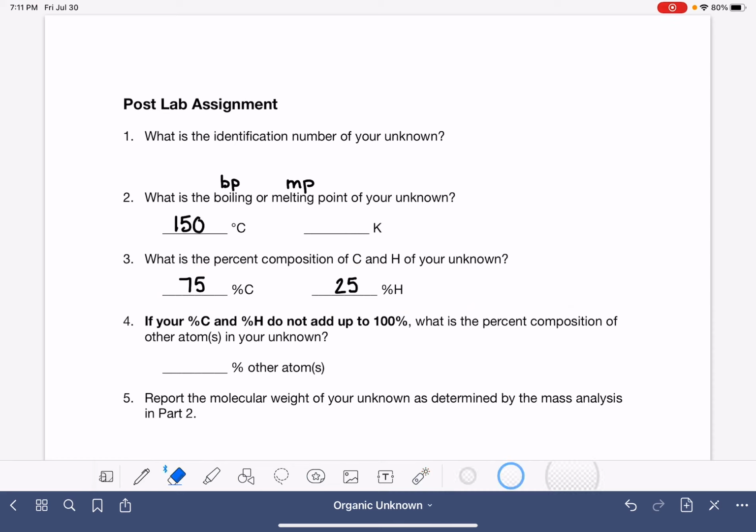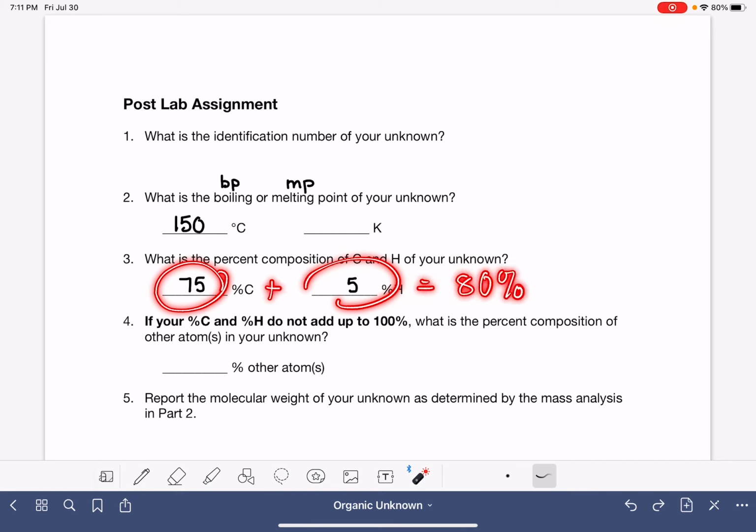Some of you are going to be unlucky. Some of you are going to have your percent carbon and your percent hydrogen not add up to 100%, and the software is not going to tell you what else there is in the compound.